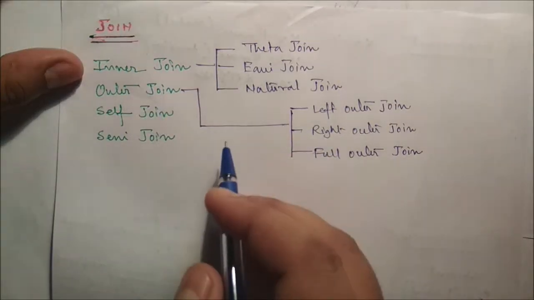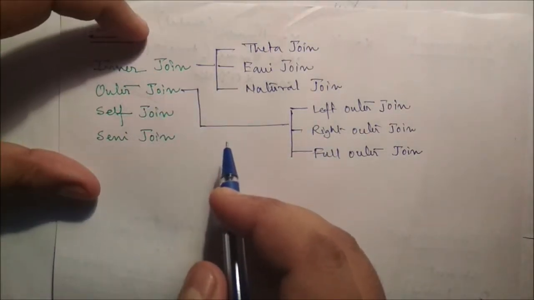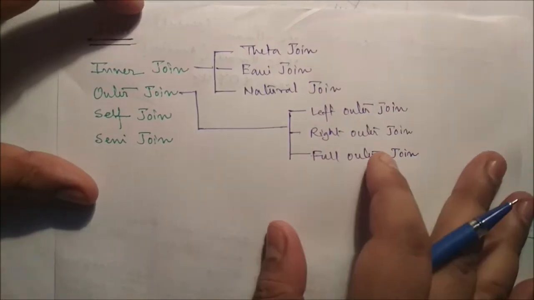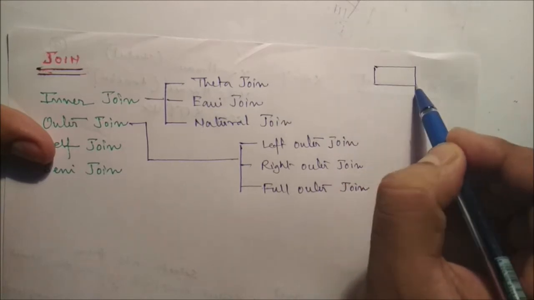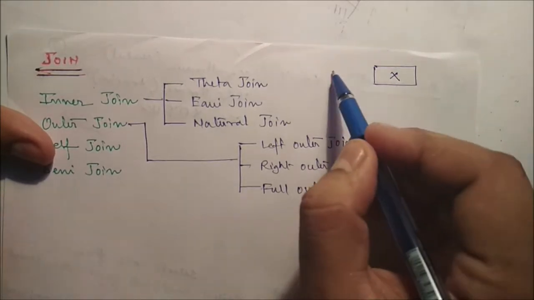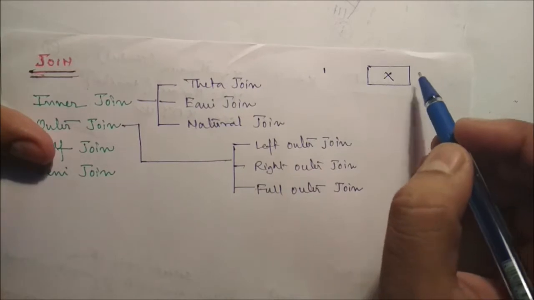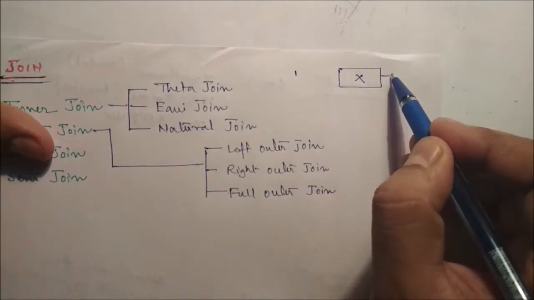A join is a combination of a Cartesian product followed by a selection process.